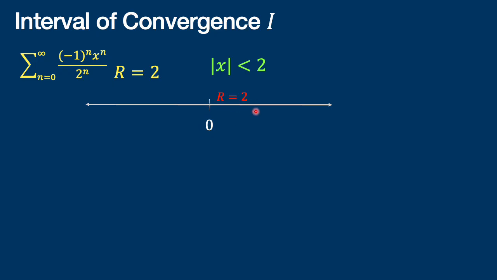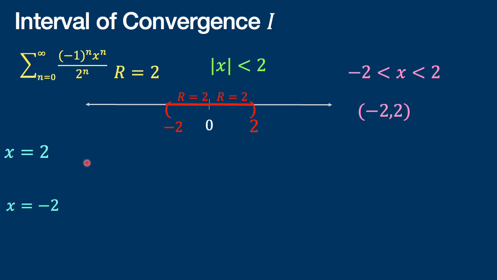Go to the right 2, the endpoint is 2, and go to the left 2, the endpoint is negative 2. So the interval of convergence is from negative 2 to 2, and we have to check the endpoints. The endpoints are x equals 2 and x equals negative 2.